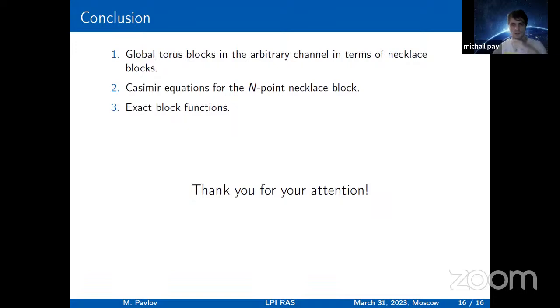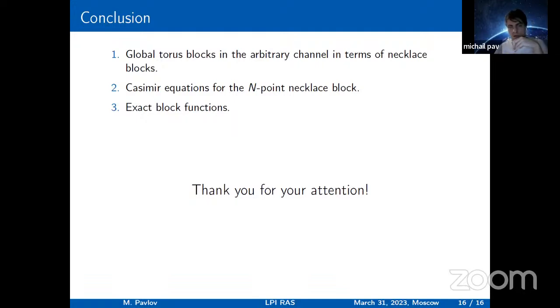Let me slightly remind you of the three main results that we discussed. The first one is that necklace blocks are generating blocks, in light of the fact that blocks of any channel topology can be obtained from the necklace blocks.